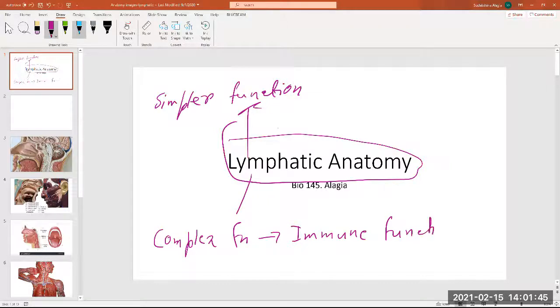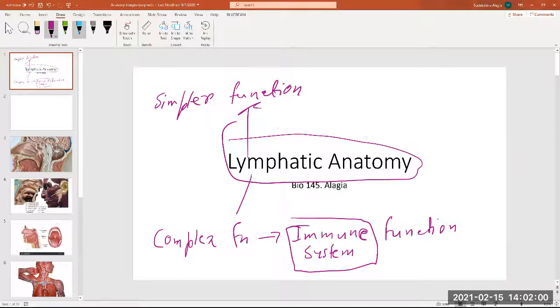So oftentimes, when you hear the term immune system, this is not a separate system with its own organ, but rather it's the lymphatic system which is performing those complex tasks.